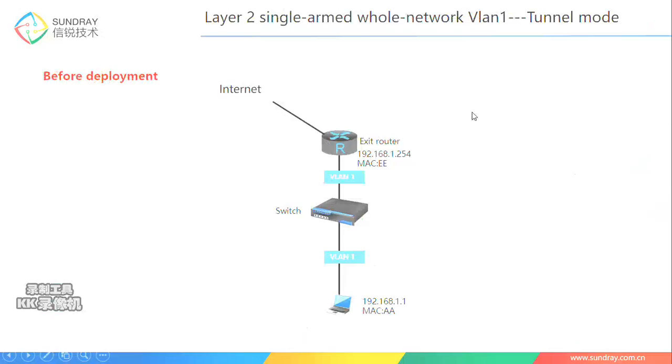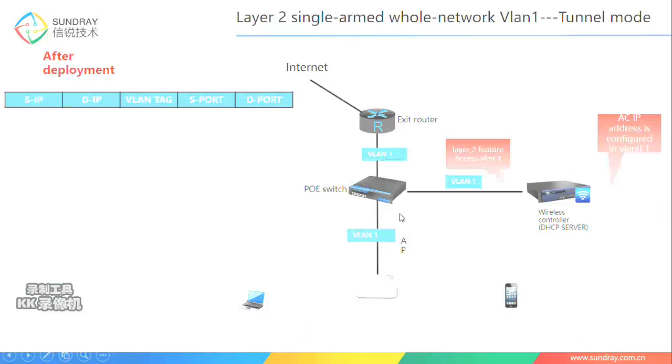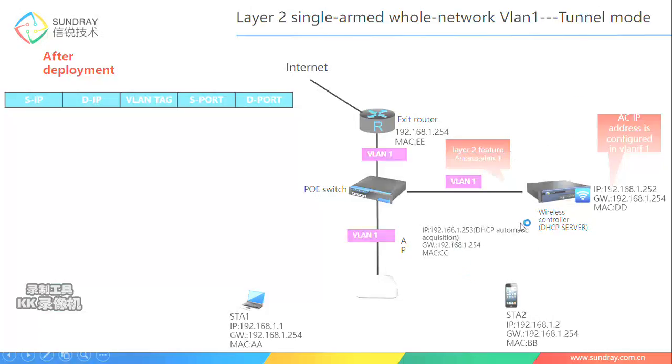Second is our VLAN 1 where we set the tunnel mode. The network deployment here is the same as bridge mode; the only difference is the data transmission mode, where we set tunnel mode. This is the network setup, and it's also the same control tunnel here from the access point to the controller.